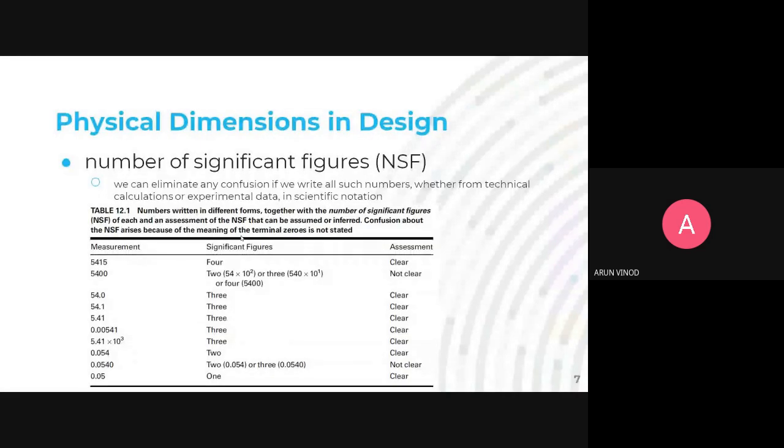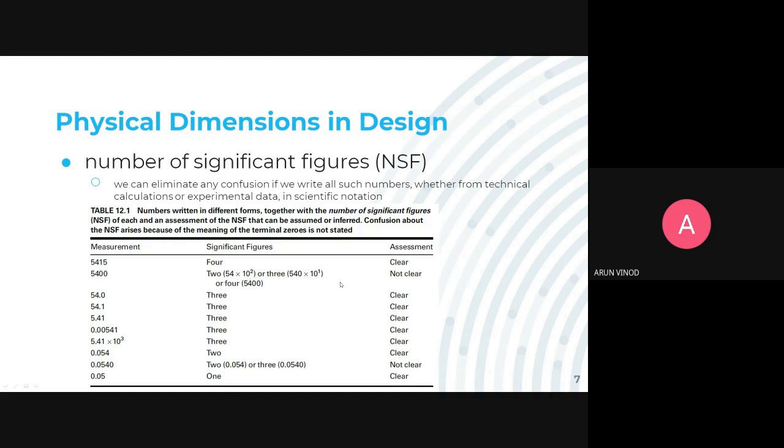Here the significant figure is 4, that is, the number of decimal places, the size of these decimals. So for example, here in this case 5,400, it is 54 into 10 raised to 2, or 540 into 10 raised to 1.